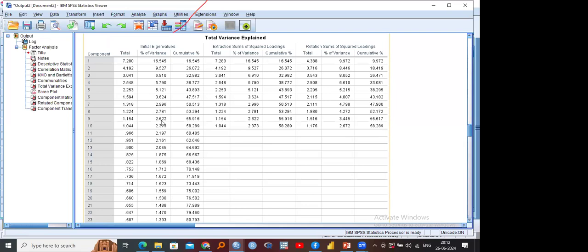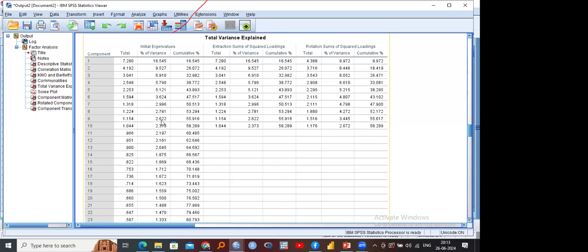So this eigenvalue should always be more than 1. More than 1 means that that particular factor or component is able to explain variation. So rule of thumb is that eigenvalue should be more than 1.